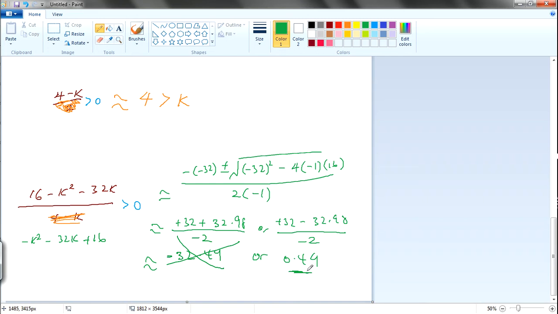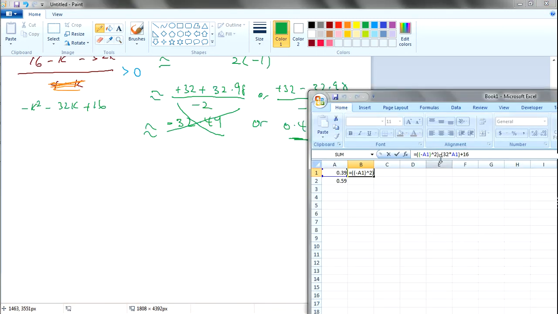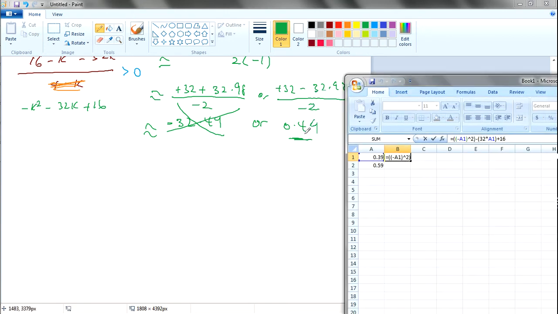Therefore, let's try a value. Okay, let's try 0.39 in this case. Give me a moment. Similarly, I will use Excel. So k is actually 0.39. I actually put in a number smaller than the 0.49 limit. Then the minus 32k, I didn't change anything, plus 16.